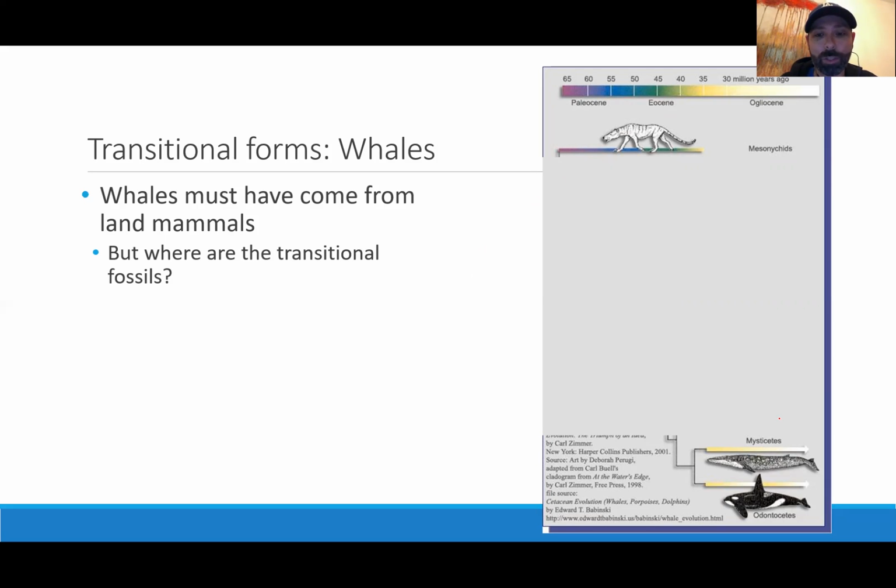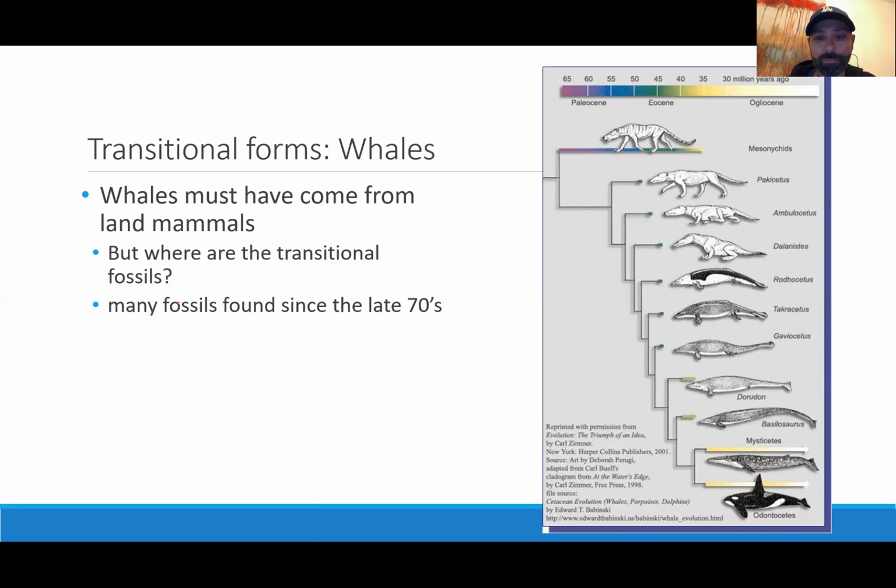And so people ask, what are the transitional fossils? Where is the proof that these things existed? And so scientists, paleontologists, went out and started to find all these fossils.